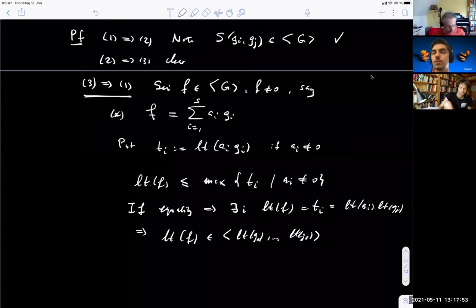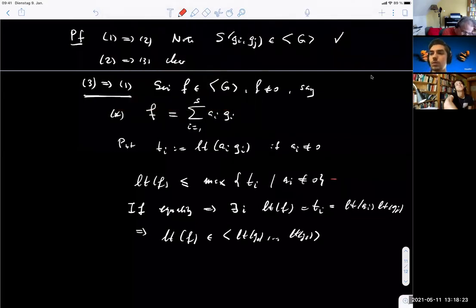And what we have to do is prove that this is always the case. And how can we do this? Of course, it will not always be the case, but if we choose our representation in a good way, then we can show this works. And I will choose the representation such that the t here is minimal.